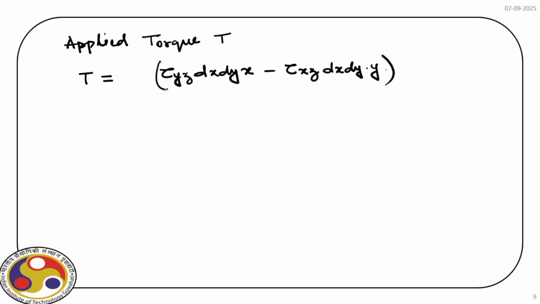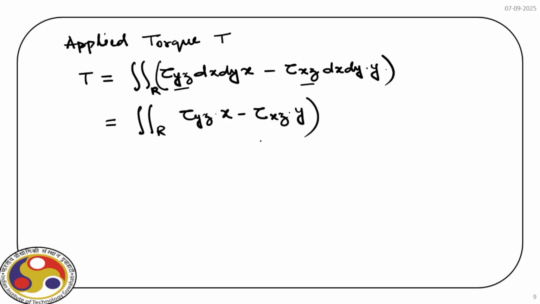So we have to integrate this expression over the entire domain. What we can do, we can put the expression of tau xz and tau yz, that we'll do in a minute. So we have the net expression, double integral of tau yz times x minus tau xz times y, dx dy. Now let us put the expression of tau yz.